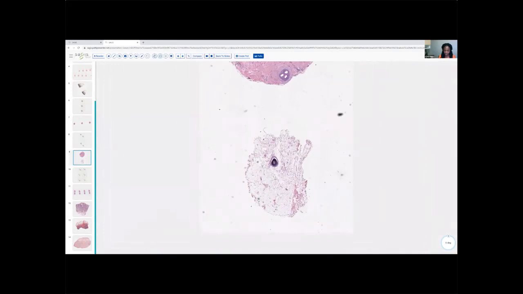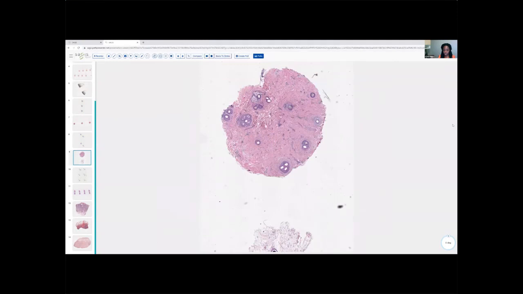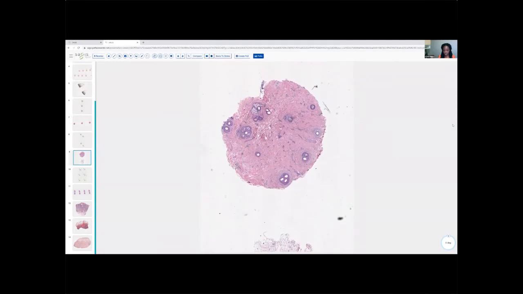So we have a bulb here, but that inner root sheath is breaking down. So that means that this is premature desquamation of the inner root sheath. And so that combination of features, premature desquamation of the inner root sheath in a background of a scarring alopecia, this is going to be CCCA, okay? Our central centrifugal cicatricial alopecia.